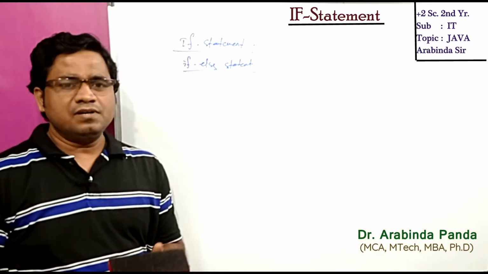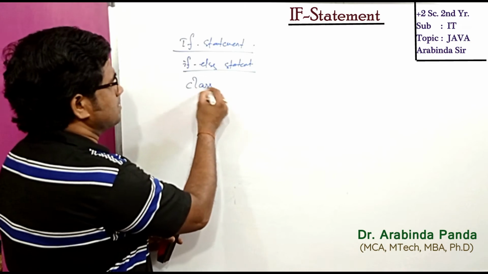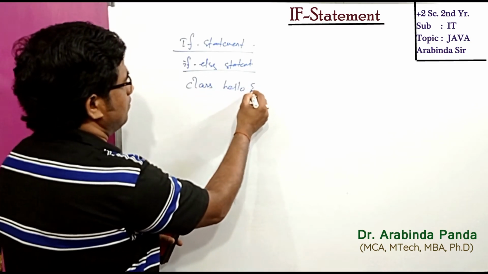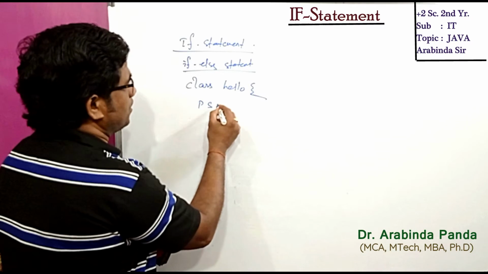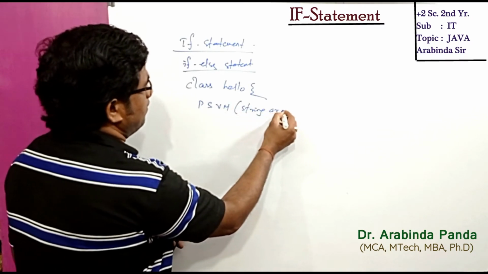Suppose greatest among two numbers, right, greatest among two numbers. Suppose class Hello, public static void main, String args.